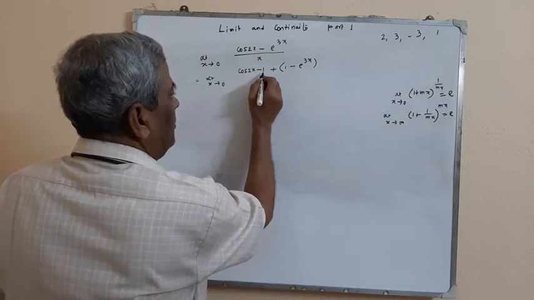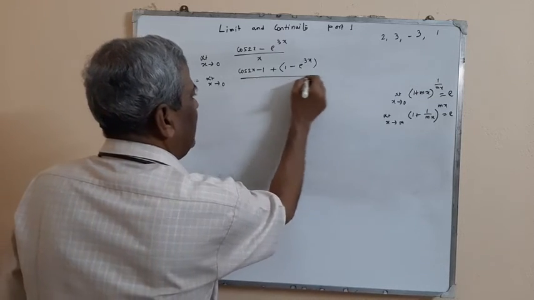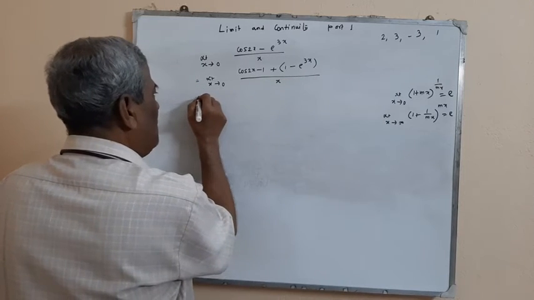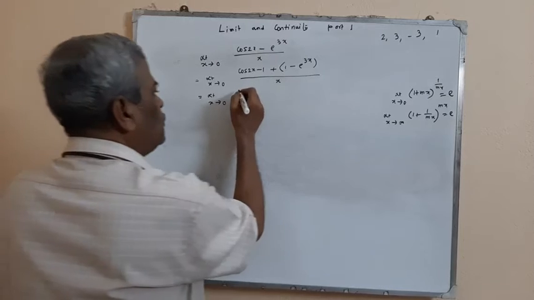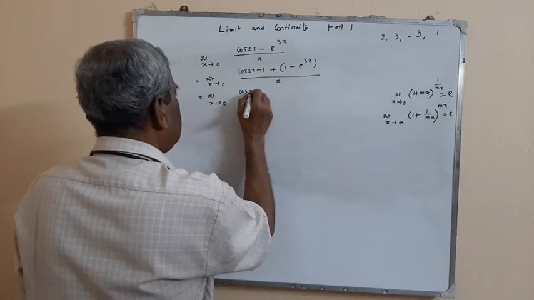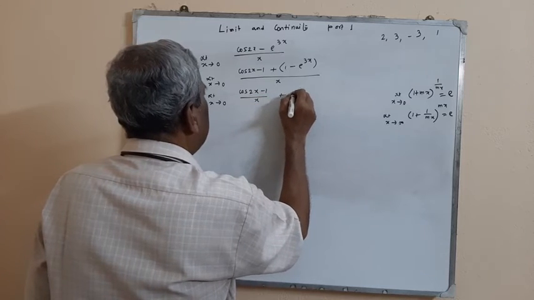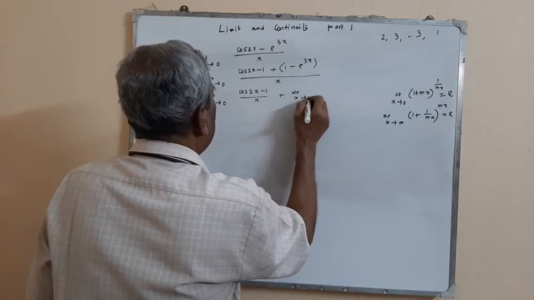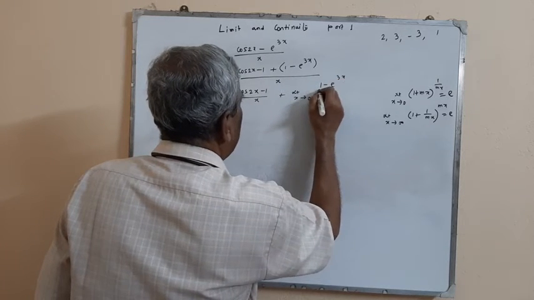I have taken minus 1 and plus 1, they balance, divided by x. First part is (cos 2x minus 1) by x, plus limit x tends to 0 of (1 minus e to the power 3x) by x.